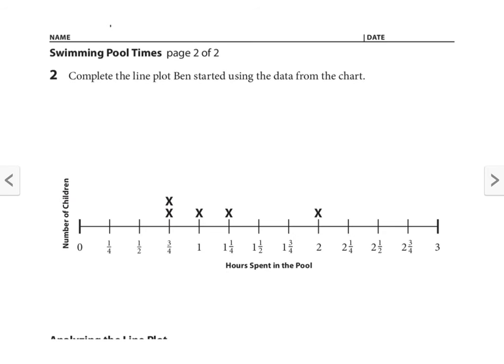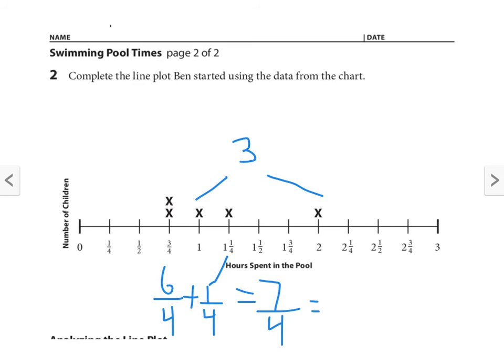Might be a good idea to start combining some things. We might combine the 1 and the 2 hours into 3 hours. We might combine the 3/4 and the 3/4, into 6/4, or 1 1/2.